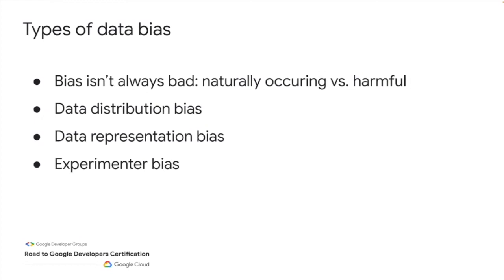So our data is distributed in a good way. But let's say that, for example, the seafood restaurants in our data set, 80% of the reviews are positive for them, but maybe for vegetarian restaurants, only 10% of the reviews are positive. So this is an example of bias in the way that data is represented. So data is balanced, but it is not necessarily balanced by the label in our data set.